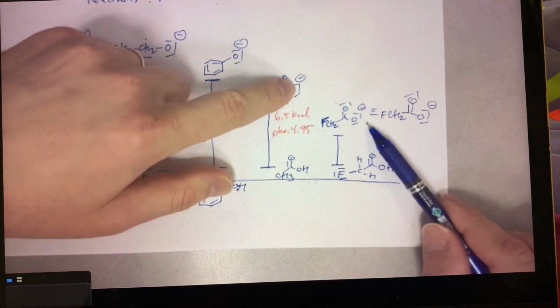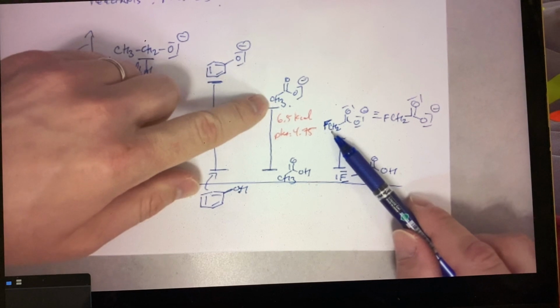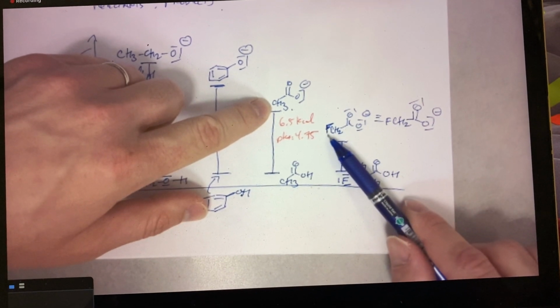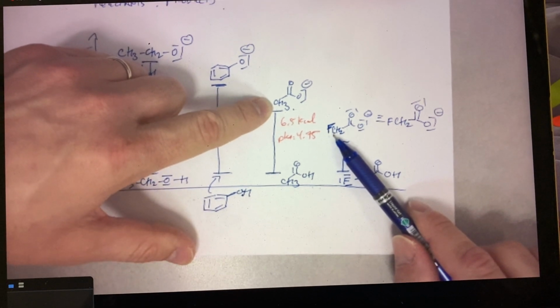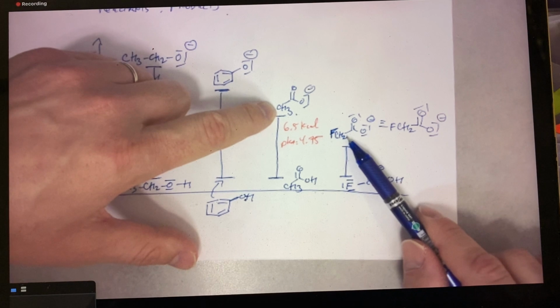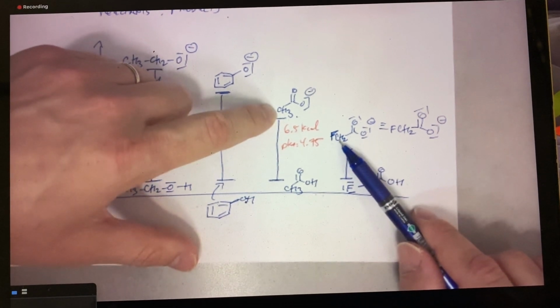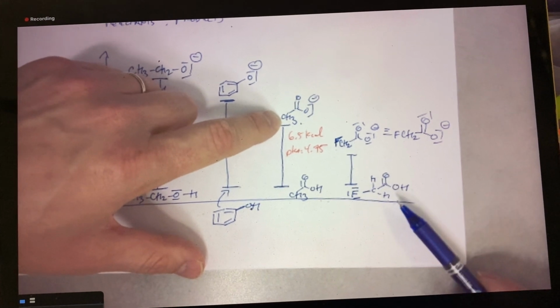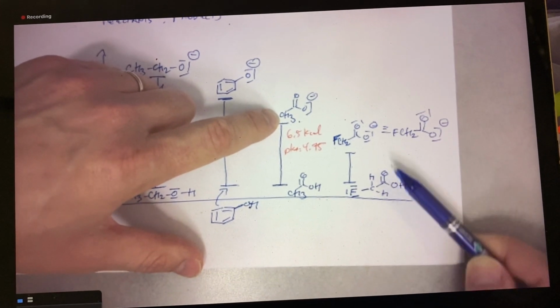We have negative charge, and right next door to it there's nothing stabilizing that negative charge, but right next door in our fluoro case, we have a polar bond. We'll draw this out in more detail in a moment, and partial positive charge here. So this species has additional methods and modes of stabilizing negative charge. It means this gap gets smaller from reactant to product, or acid to conjugate base.